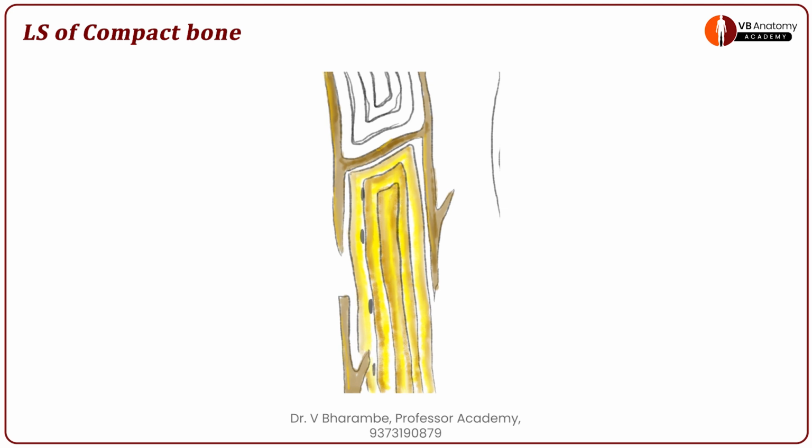Between the lamellae, you will have to draw the fine spaces which are the lacunae containing osteocytes and the canaliculi communicating them with each other. The same thing will be repeated again at different places. Just remember that every lamellus you draw will be running parallel to the Haversian canal.